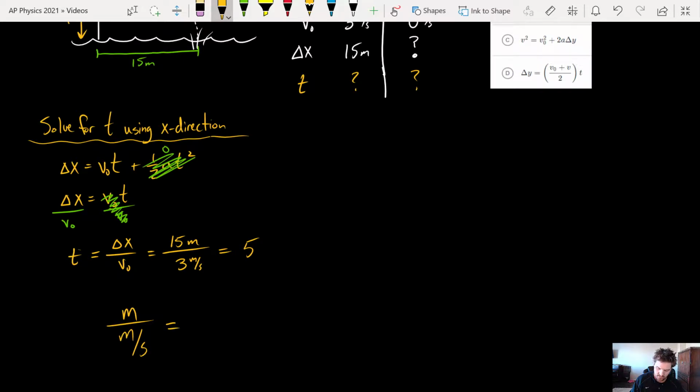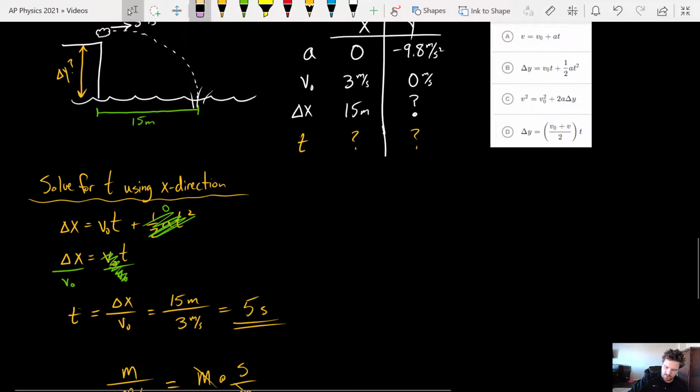This turns into meters times the reciprocal of the bottom. And so, bleep, bleep, our answer is in seconds. So I got 5 seconds for the time.